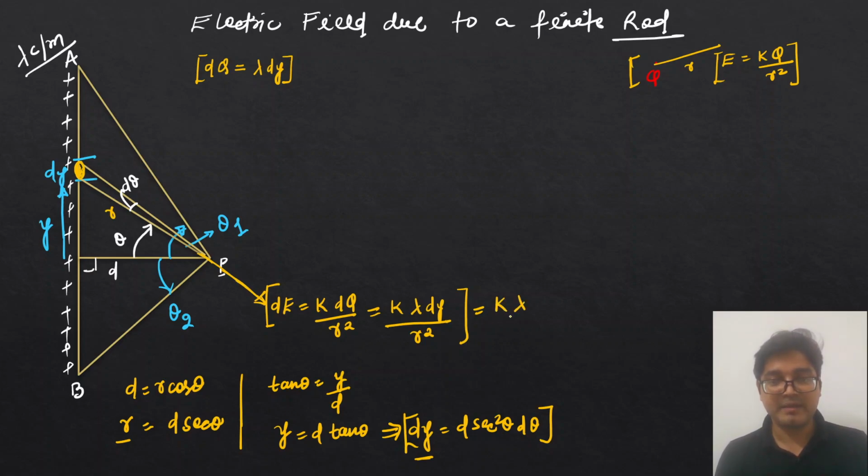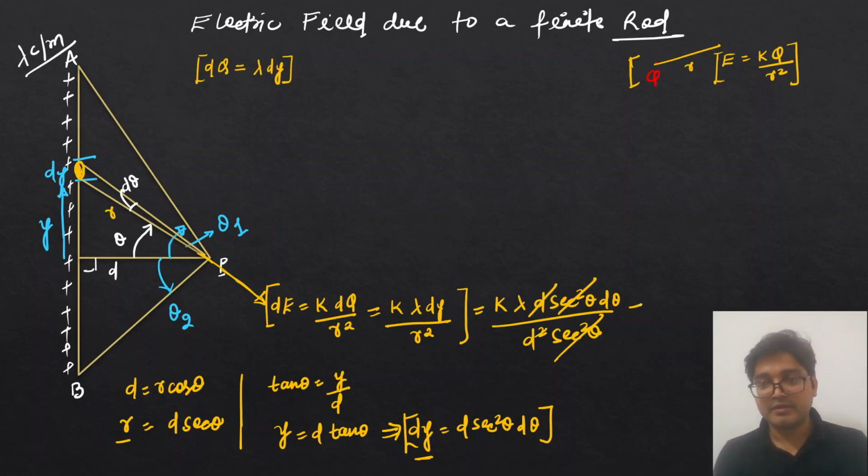It will become k lambda times d sec square theta d theta upon r square, which will be d square sec square theta. Now the sec square theta and sec square theta will cancel out, and one d will also cancel out. So what I will get is dE equals k lambda by d into d theta, right?